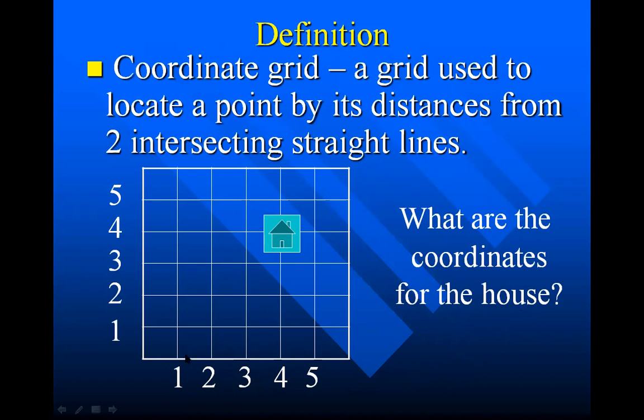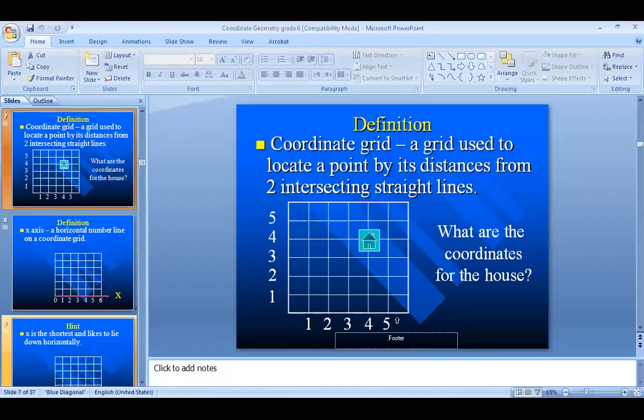One, two, three. Okay, two. Here it is one, two, three, four, five. Until we reach four, until we reach the house. Four in x and up four in y. By the way, this technique is used in Google Maps.